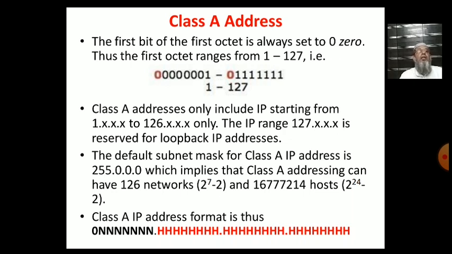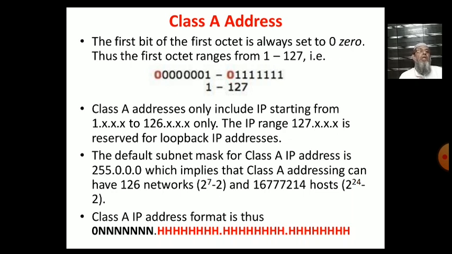Class A address. Here we can see the first bit is shown in red color. The first bit of the first octet is always set to 0. Then the value we can calculate from 00000001 to 01111111 in the first octet. The maximum is 7 ones, which gives 127.